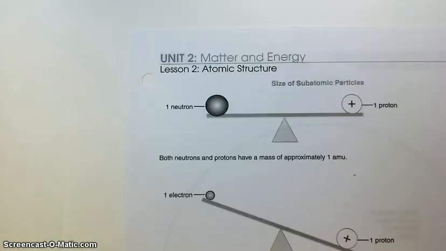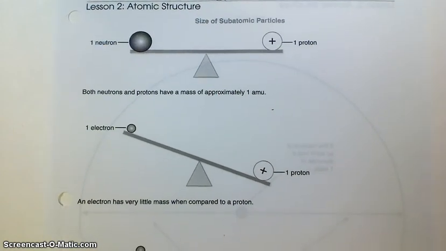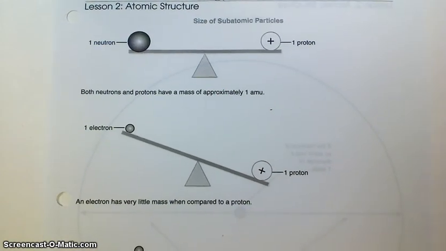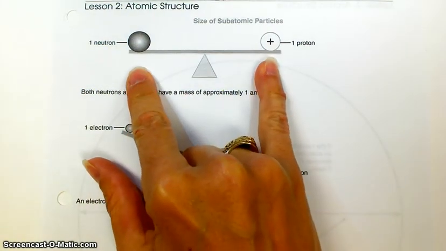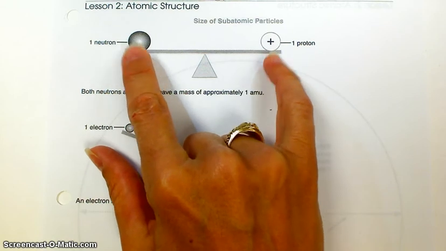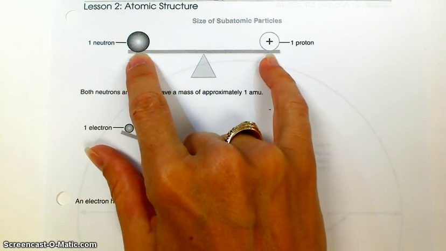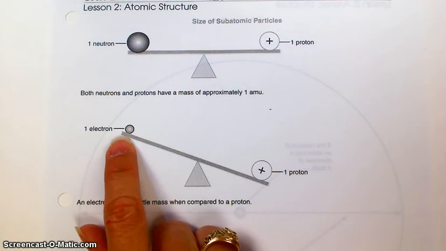Okay, just a little bit of a reminder about masses of your subatomic particles. A proton and a neutron have a mass of about 1 AMU, or 1 atomic mass unit. So they have about the same mass, and those two are both found in the nucleus, remember. And then you have electrons, which have almost no mass at all.